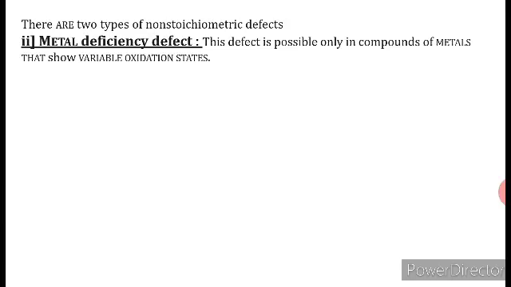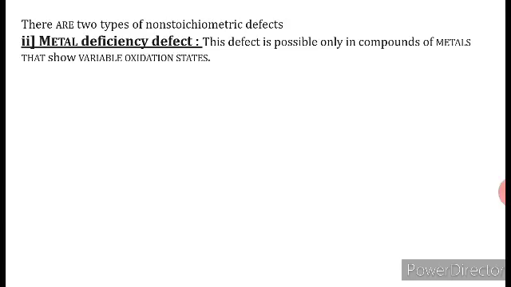From the name itself it is clear that there is a deficiency of metal. Okay, a metal ion is absent from its regular lattice site, and then this particular defect is generated. So this defect is possible only in compounds of metals, not others.